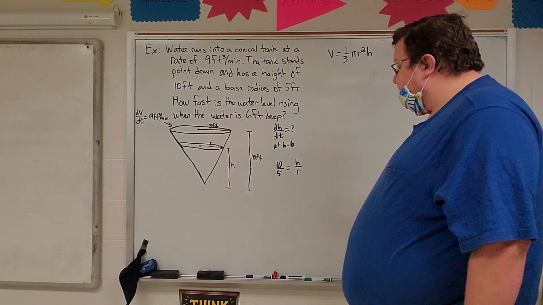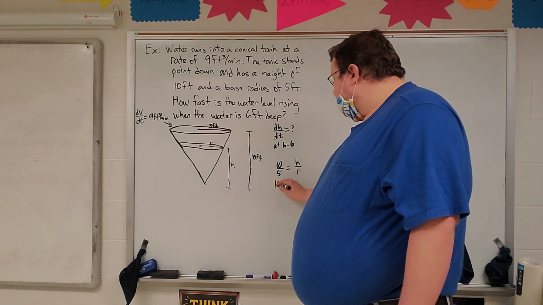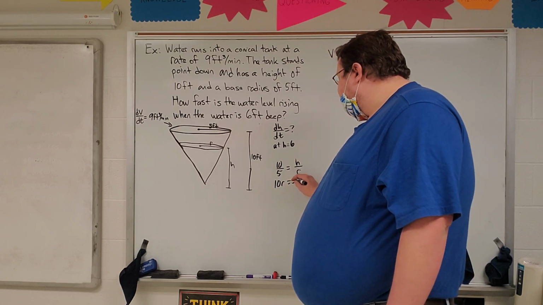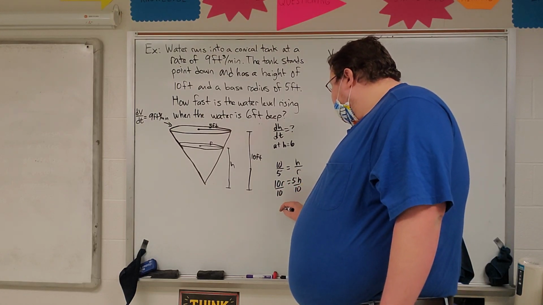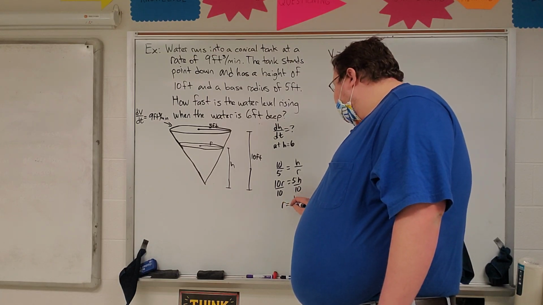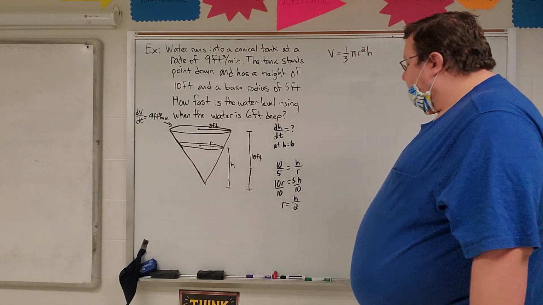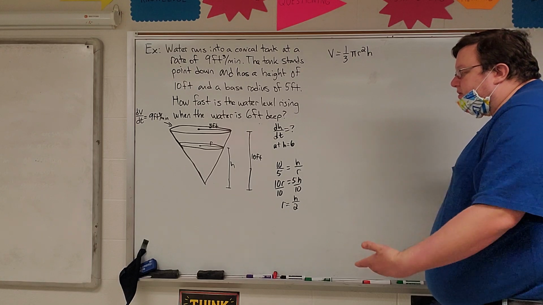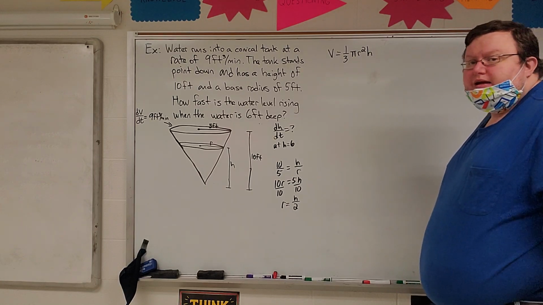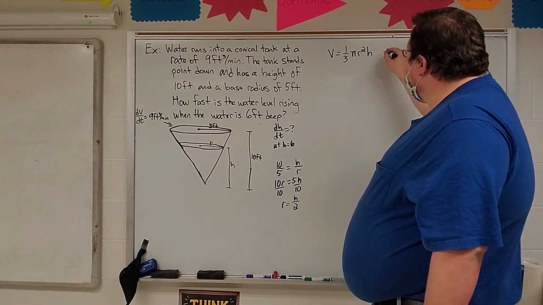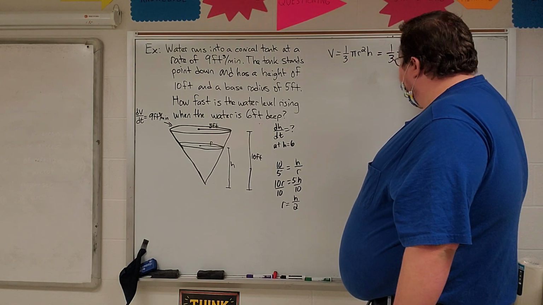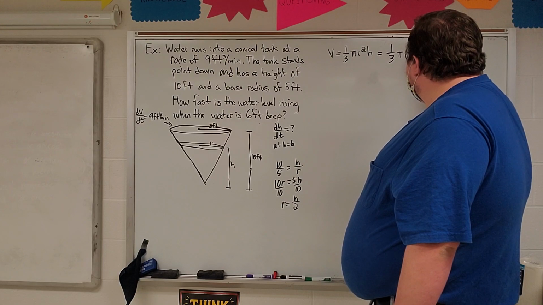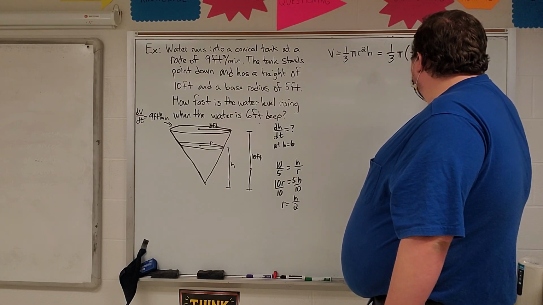We can solve this for the radius. So that's 10r, if we cross multiply, equals 5h. And if I divide by 10, I get r is equal to h divided by 2. That's important because that gives me the radius in terms of the height. I can now substitute that in, and I get 1/3 pi times (h divided by 2) squared, times h.